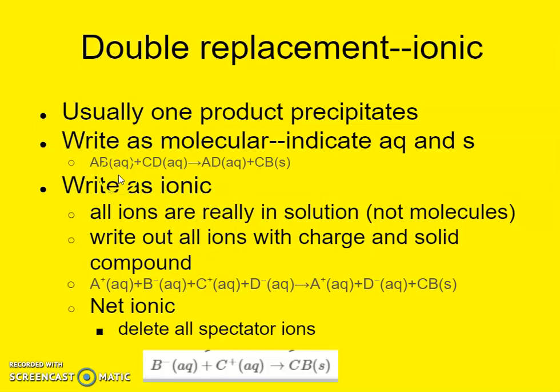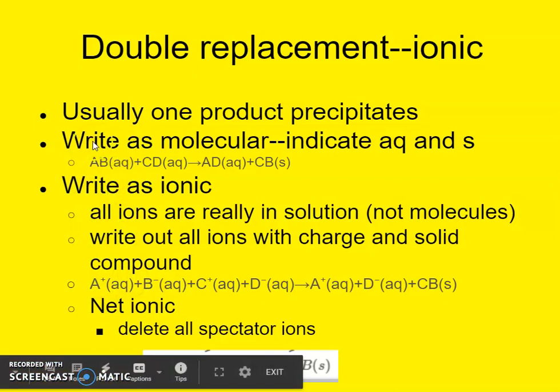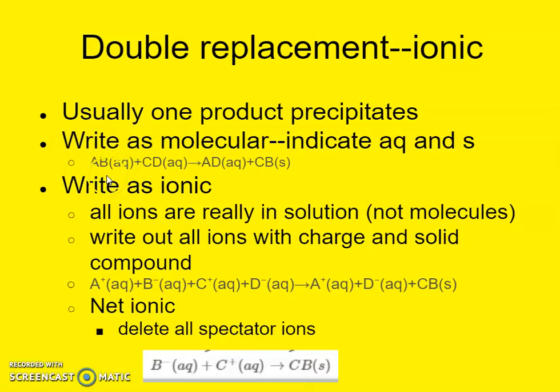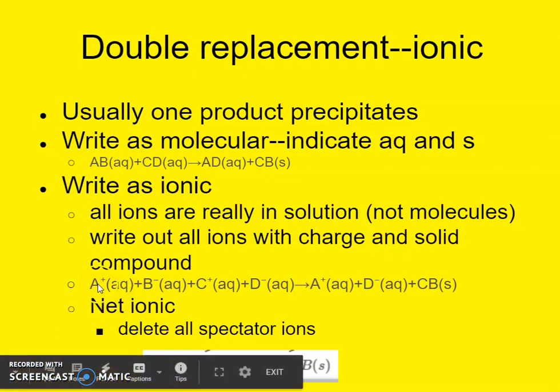And so what we're going to do is write them out as ions with their charge. So now remember, ionic compounds are always a cation and an anion, or a positive and a negative. So we're going to write A plus aqueous plus B minus aqueous plus C plus aqueous plus D minus aqueous.